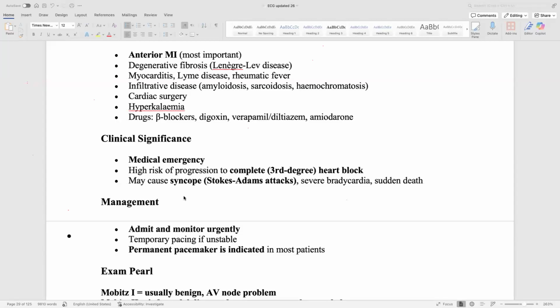Okay. And complete heart block, what is the seriousness of complete heart block? I will tell you one story. One time, we had a patient in the ER, and he was chatting on the mobile, laughing, and on his ECG there was complete heart block.